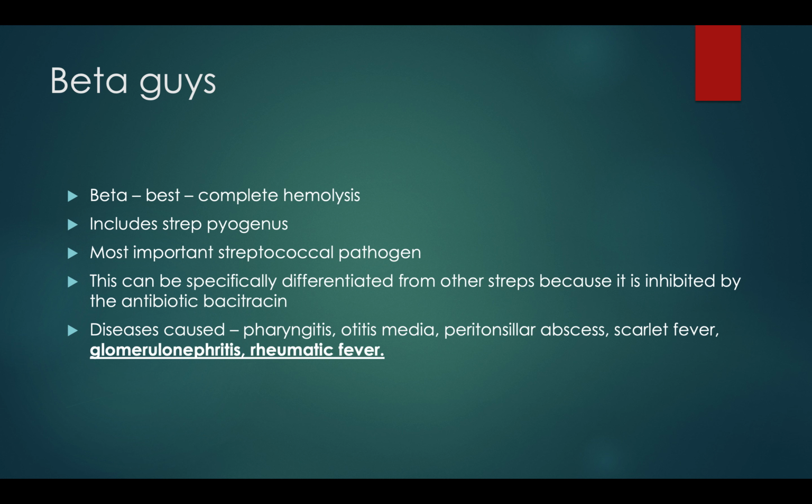That is the most important streptococcal pathogen. How do you differentiate it from other strep? You get an infection, you scrape out a tissue, and you send it to the lab, and then you want to know what it is. The lab is going to grow it in some kind of medium, and to differentiate it, they're going to put in the antibiotic bacitracin.